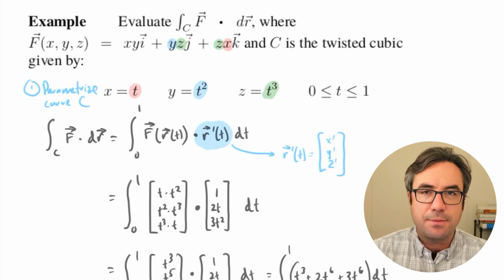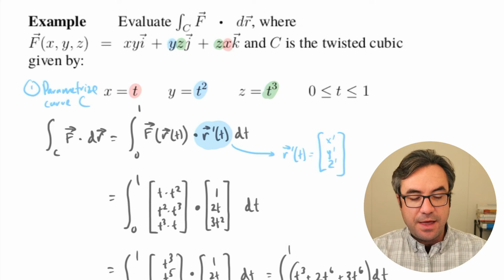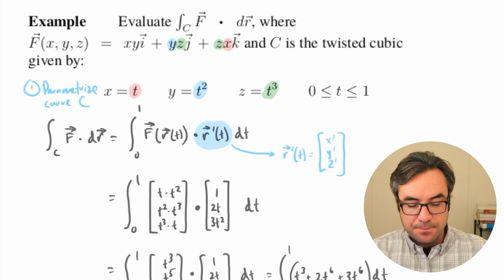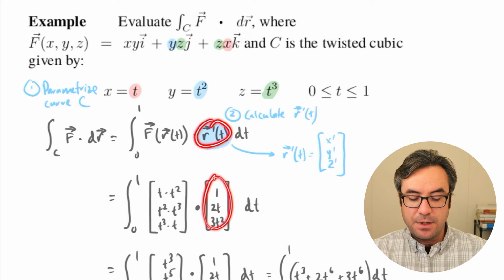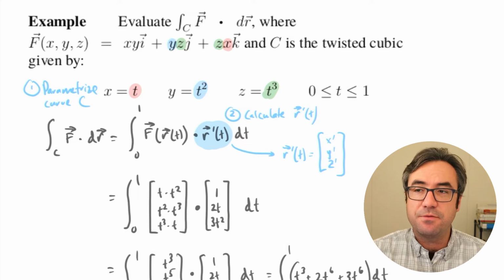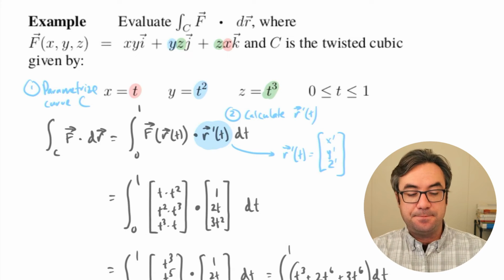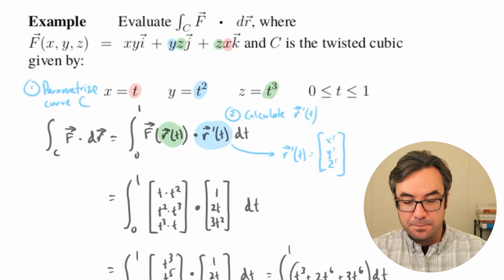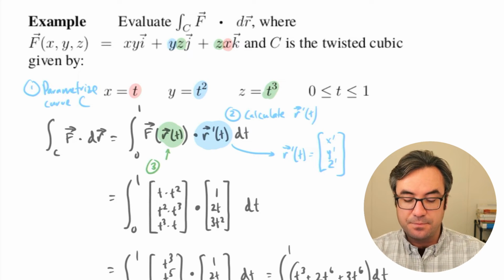Once we have that parameterization, then we calculate r prime, just like we did here, and that's just differentiating each component function. And then we also need to plug in the parameterization. That's the third thing we do.